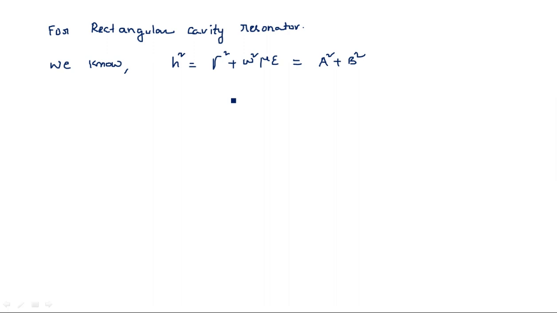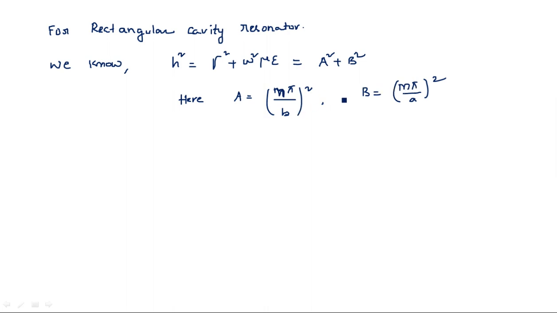After simplification, we have a equal to n pi by b whole square, and b equal to m pi by a whole square.